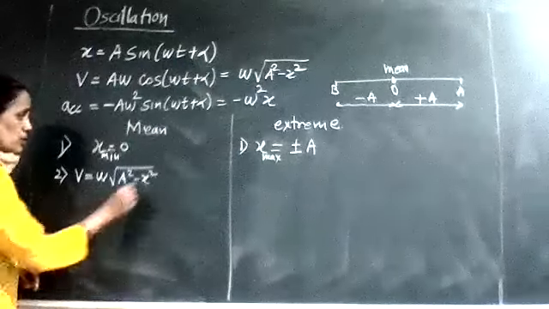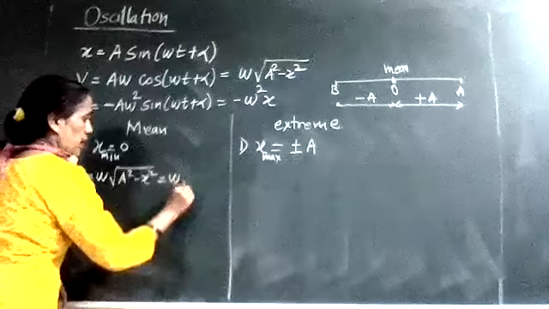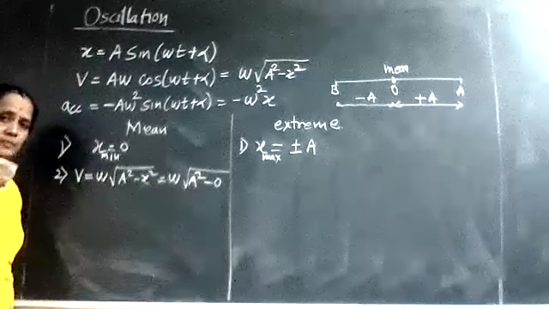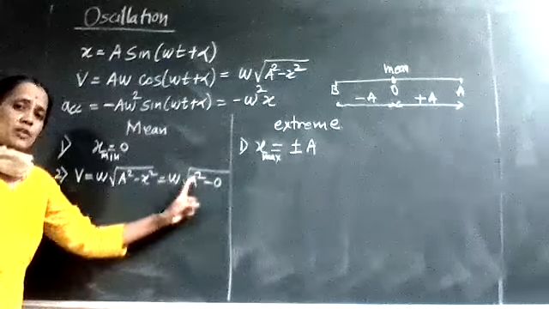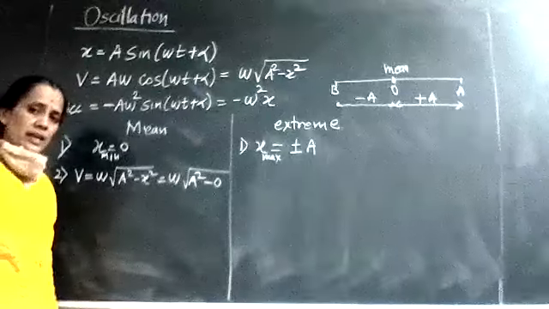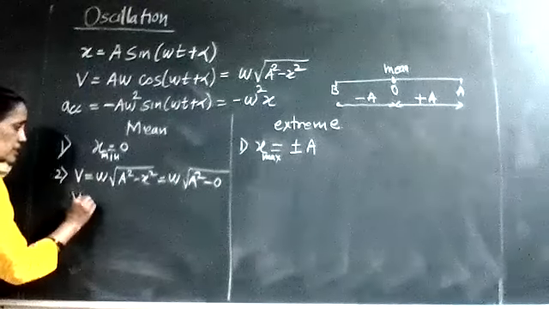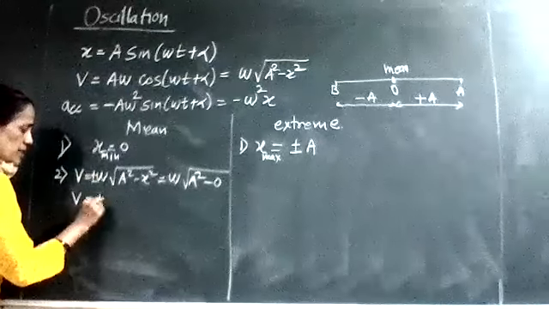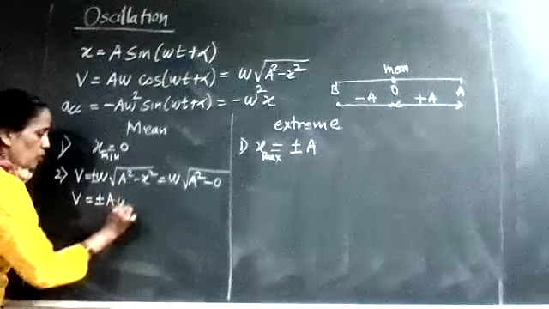If x is equal to 0, what equation I can write? Omega under root of a square minus 0. So a square minus 0 means it is a square. Square root of a square is nothing but a. Means what I write here? v is equal to plus minus a omega.